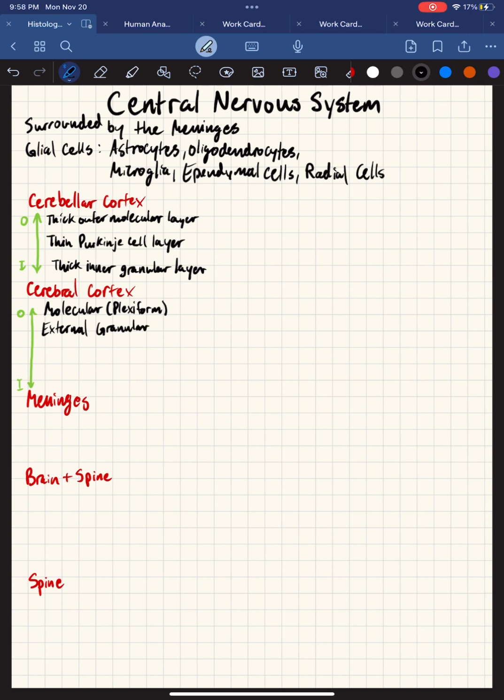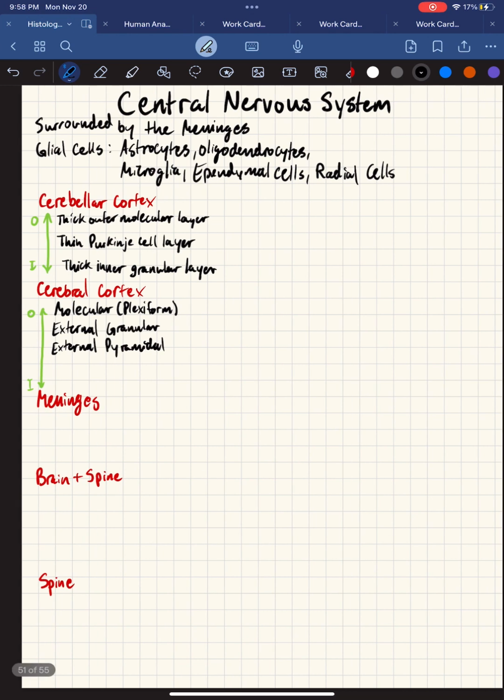And then we have the external pyramidal layer. And then we have the internal granular layer, internal pyramidal layer. As you can see, there's kind of a pattern going, so use that to memorize it. And then we have, finally, the innermost layer, which is the multiform layer, or the fusiform.